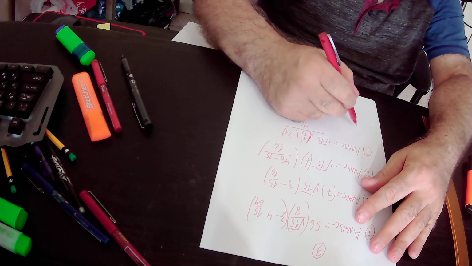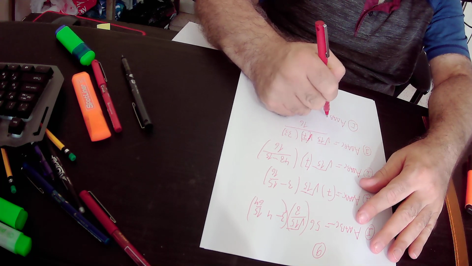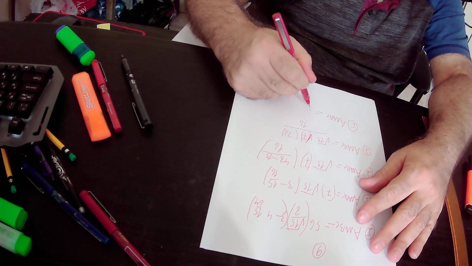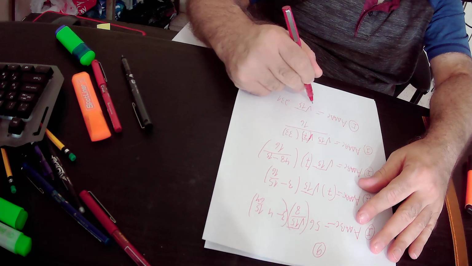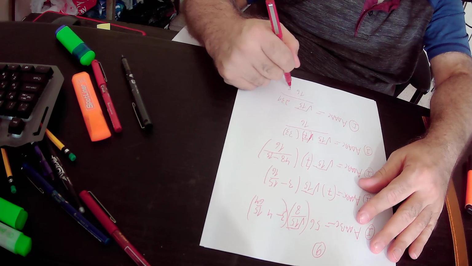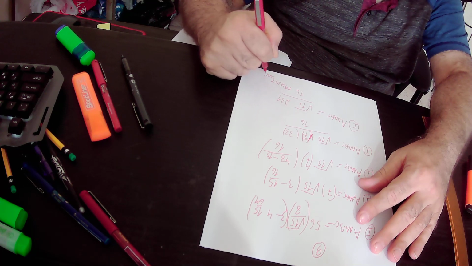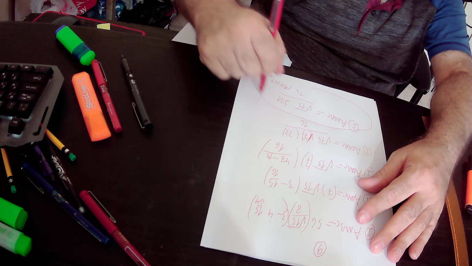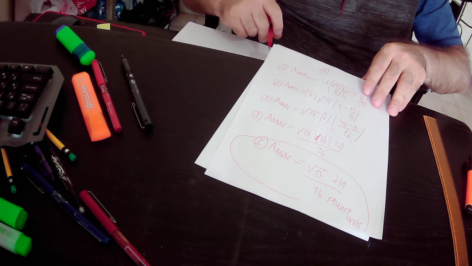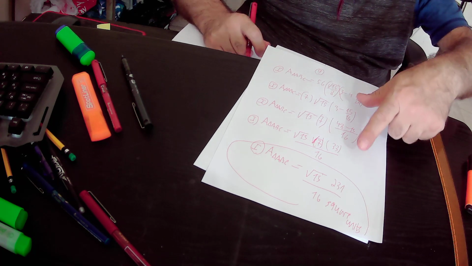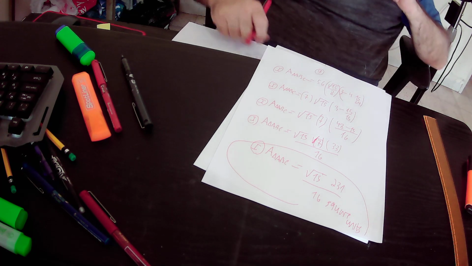We will get that the area of triangle ABC equals root 15 times 231 over 16 square units. Okay, so the final answer to the question is that the area of triangle ABC equals root 15 times 231 over 16 square units.